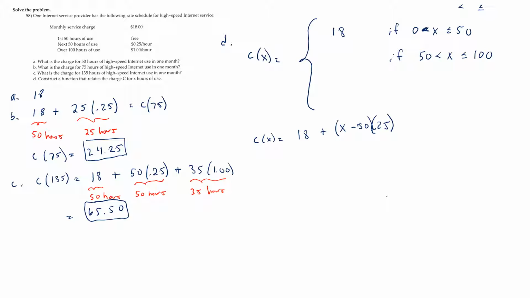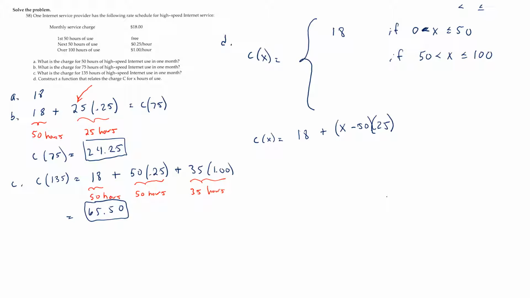So I only have to pay that extra quarter for the hours beyond 50. Like back over here on part B, when I use the internet for 75 hours, I only paid that extra quarter on this 25 right there. That's the number of hours beyond 50. So that's the number of hours minus 50.